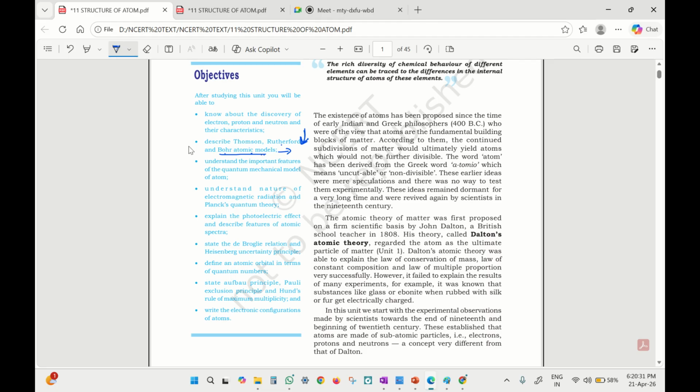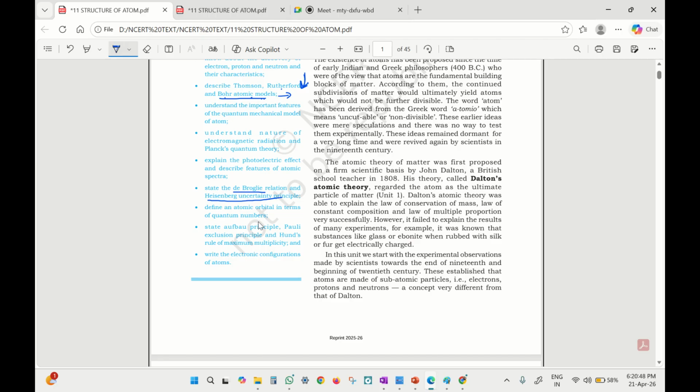Earlier we said development leading to Bohr's model. Now we are going to understand the developments leading to the quantum mechanical model. Under that, we are going to talk about the de Broglie wavelength and the Heisenberg uncertainty principle. After understanding that, we will go into the quantum mechanical model of atom.